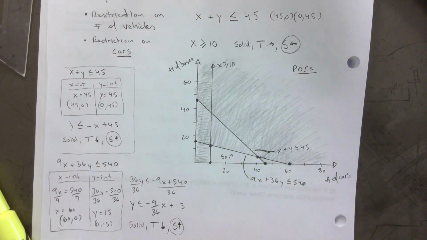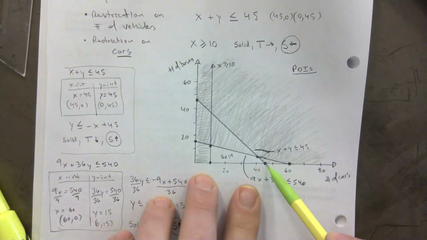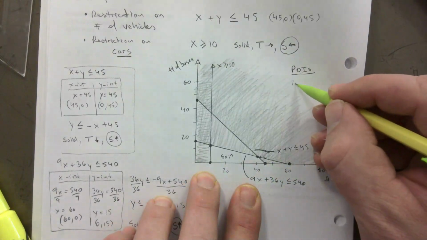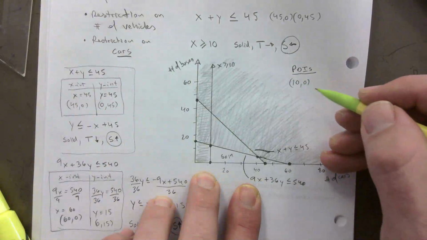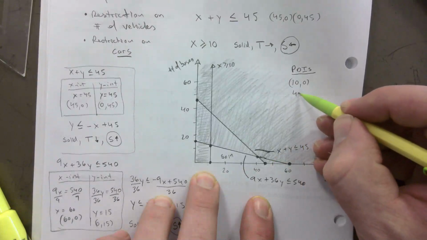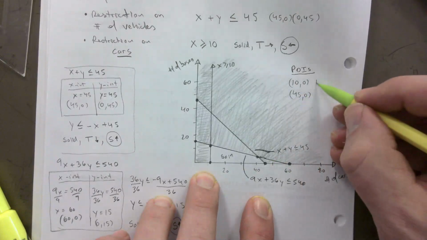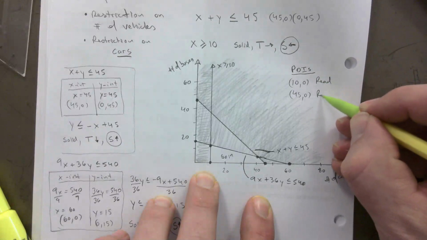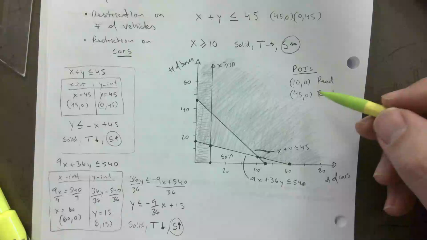However, 2 of them are very easy. The ones that touch the x-axis we already know, correct? One of them is 10, 0, and the other one is 45, 0. You don't need your calculator for that one. So I just read it. This one I also just read off the graph.